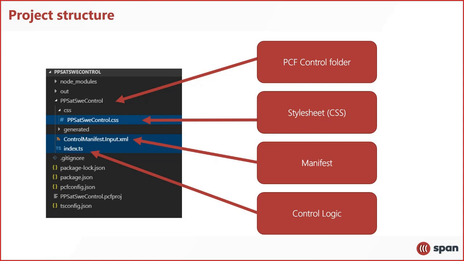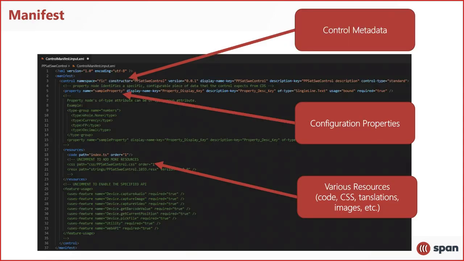The first one is the manifest file. That's the file that describes your control from the UI perspective, the configuration, and what your PCF control will use in terms of various resources like code scripts, CSS files, RESX for translations, images, etc.